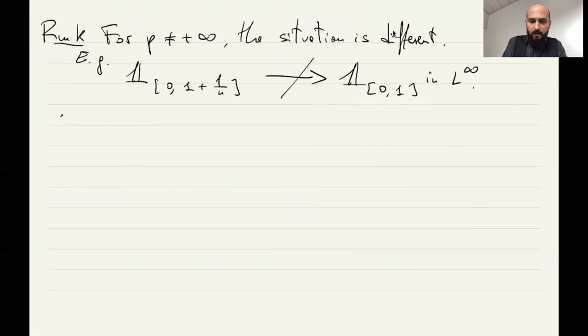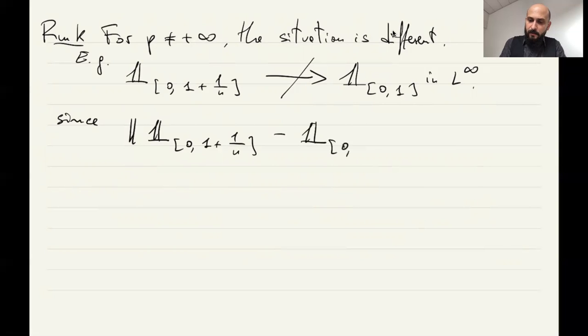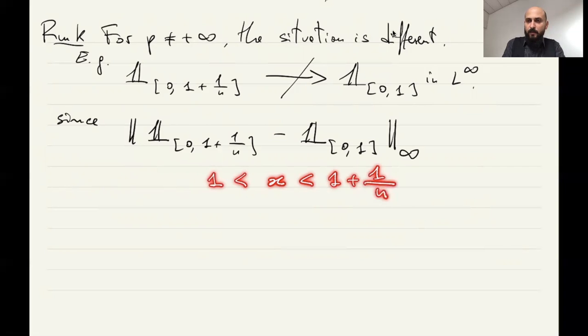And because, let's check the distance between the nth element of the sequence and what we expect the limit to be. Now we have to calculate the sup norm, but you see any point that is between 1 and 1 plus 1 over n will make the first function 1 and the second one 0.